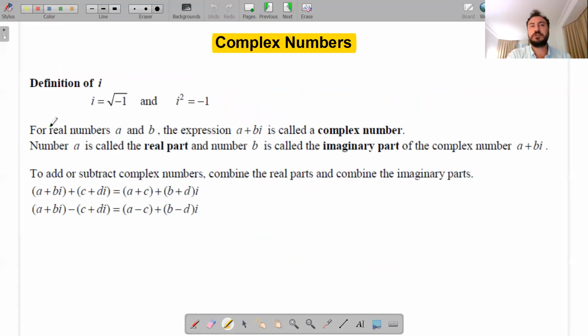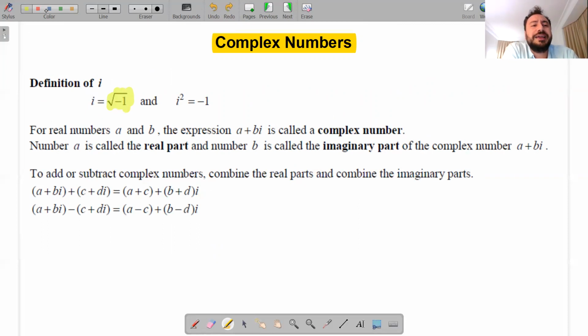Now, what I want to talk about is complex numbers. What are complex numbers? Complex numbers are a method to keep solving any type of equation or algebraic expression when you run into this situation: the square root of a negative number. When you have the square root of a negative number, you have no solution. So to get rid of this problem, you substitute the square root of -1 with i, and you carry on your operation.